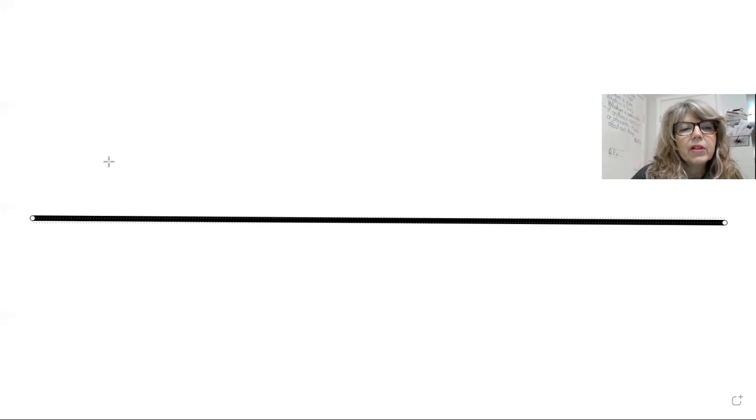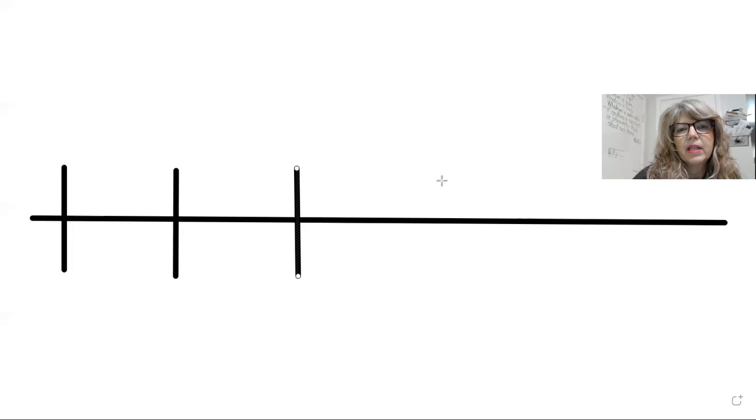So let's put a vertical line in here. There's one. And another one. There's another one. So how many do we have? 3, 4, and 5.